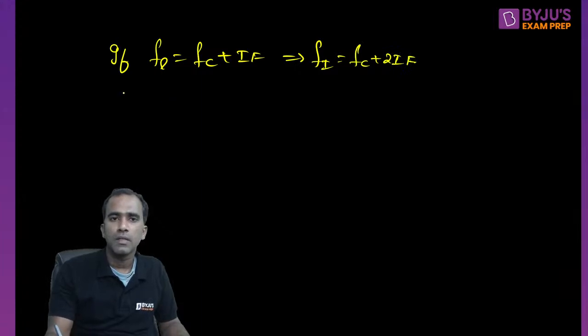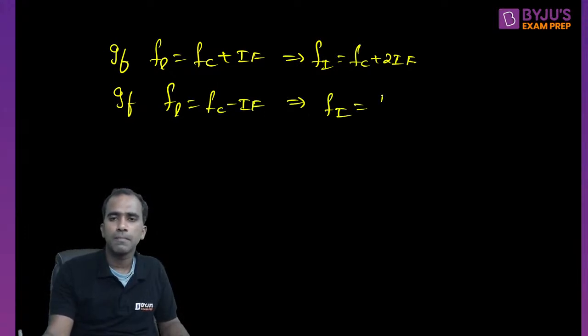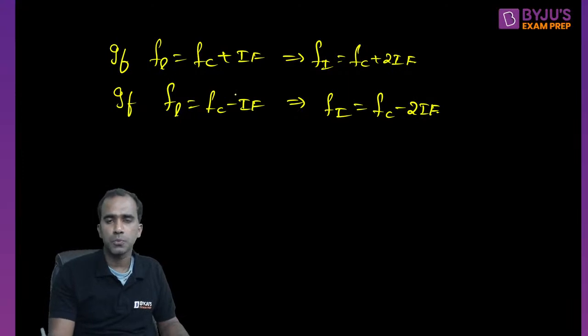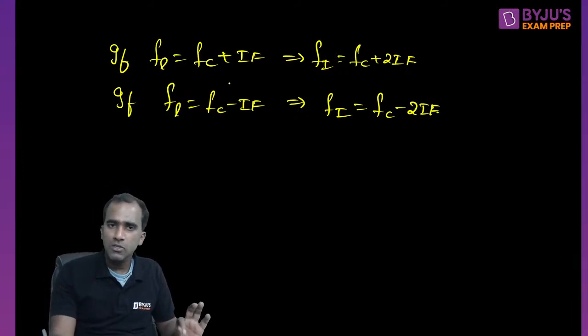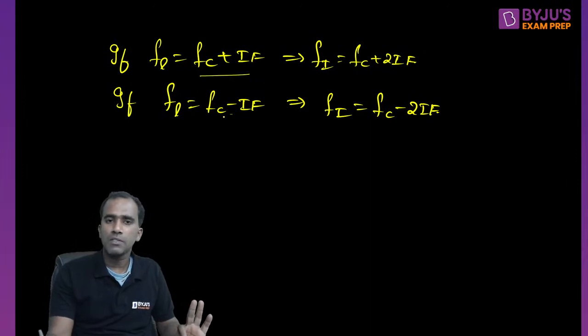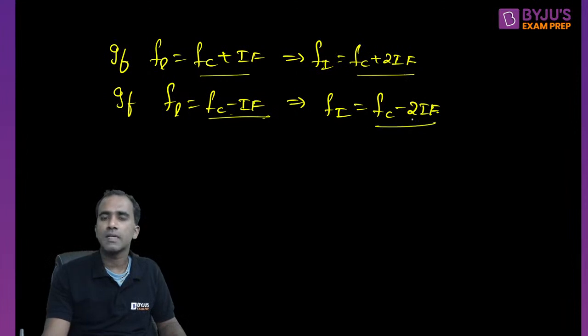If the local oscillator frequency is Fc minus IF, then the image frequency will be Fc minus 2IF. So the local oscillator frequency can be either of these two. In the question, based on the data, you have to understand which local oscillator frequency they are using, or you can also decide based on the image frequency.